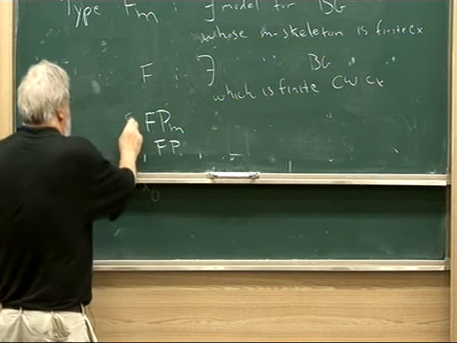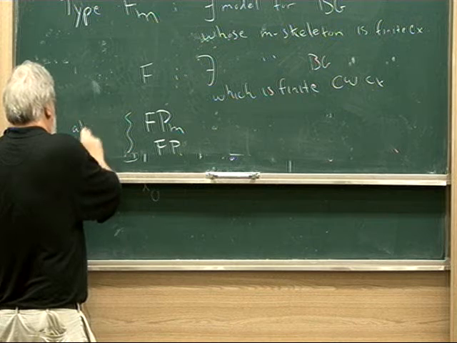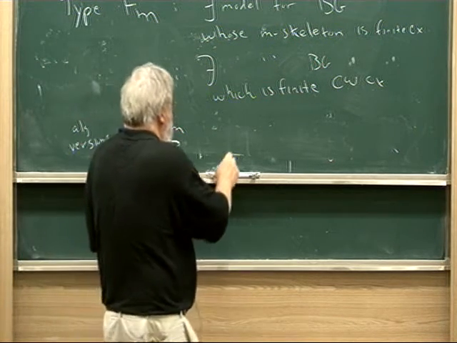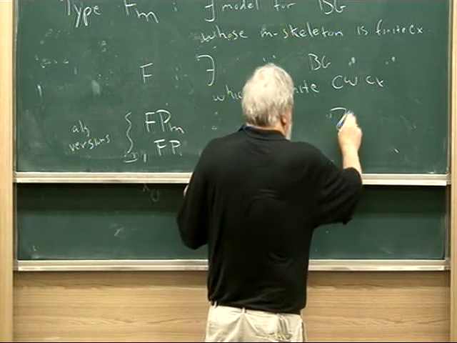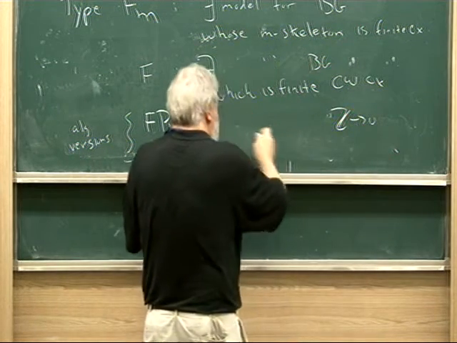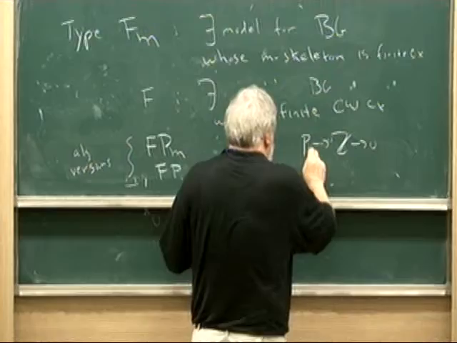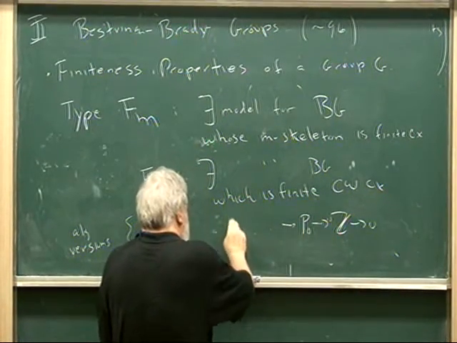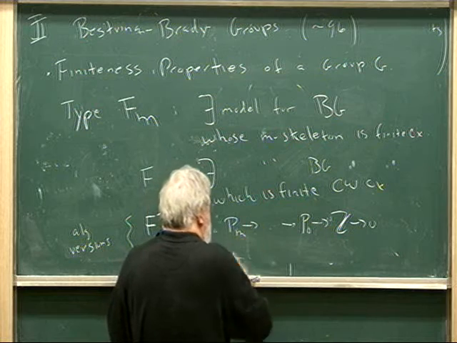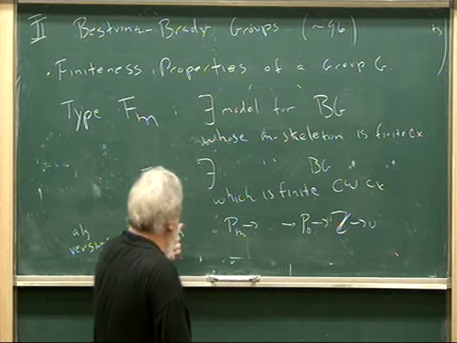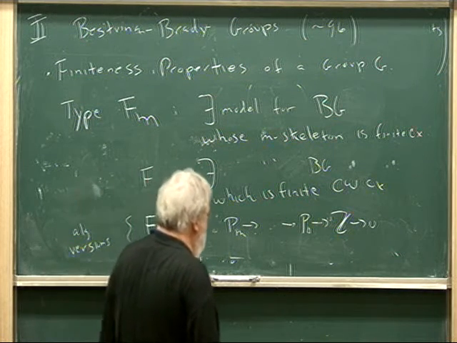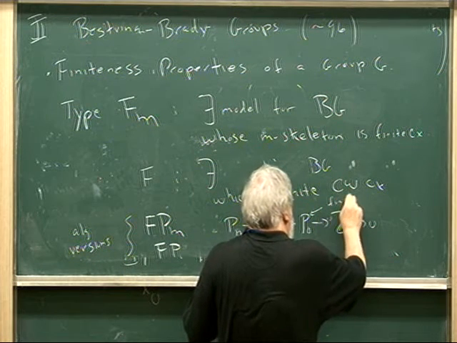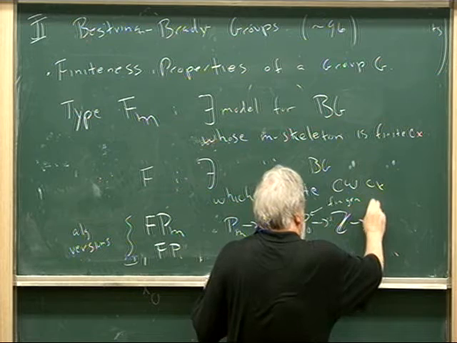So these are algebraic versions. FPm means that you can find, it doesn't do much harm to think of P as meaning projective, but you can usually think of it as being free. It means you have a partial resolution by finitely generated projective ZG modules like this.